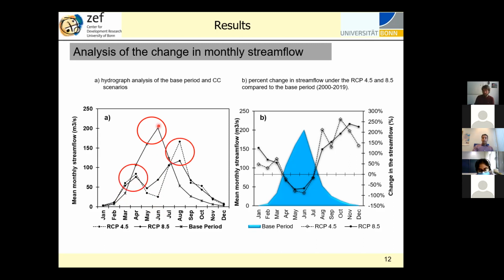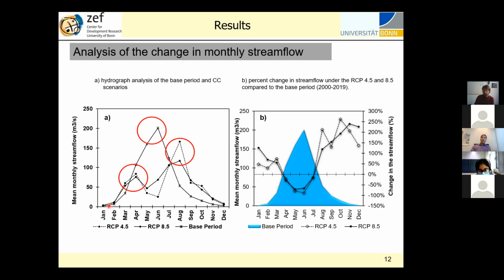But what we saw under these two scenarios was also very interesting: we got two peaks instead of one annual peak usually observed in June. We expect that in the future till 2045, this peak might be divided in two. So one hydrograph peak could be experienced in April.